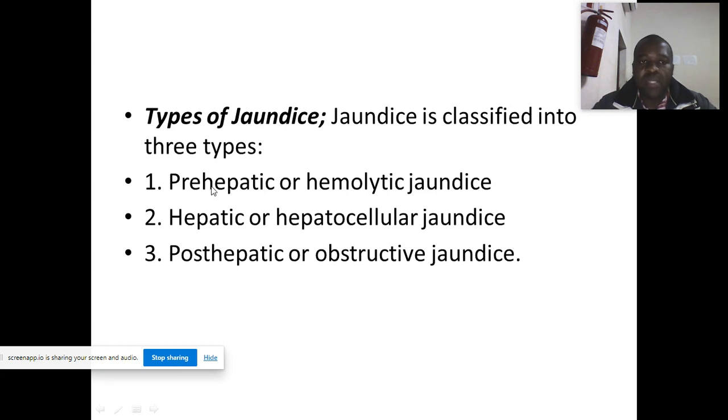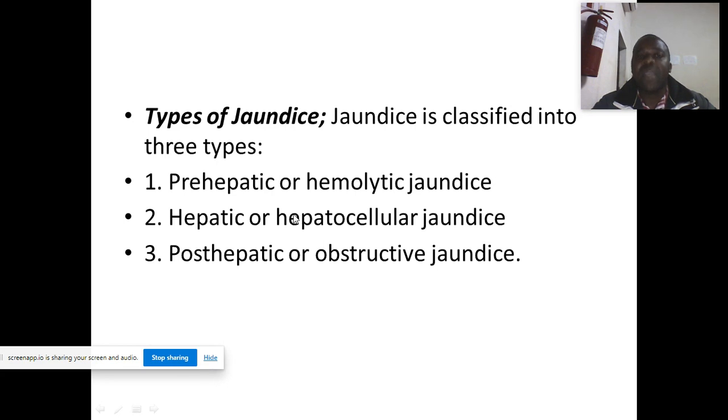But let me quickly define prehepatic. It means before the liver. This is a type of jaundice that happens in structures before the liver. And then hepatic, this has to do with jaundice associated with the liver itself, where the hepatocytes are, maybe cirrhosis of the liver.